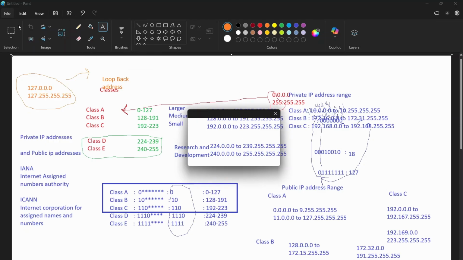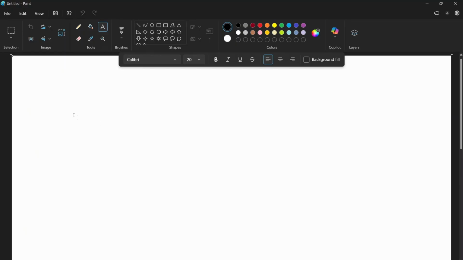Now I'm going to discuss IPv6. Here you need not discuss much, but I'll cover what we need. In total we have 128 bits in IPv6. IPv6 means Internet Protocol version 6. Nowadays everything is increasing, right?